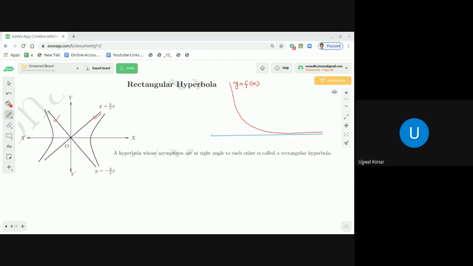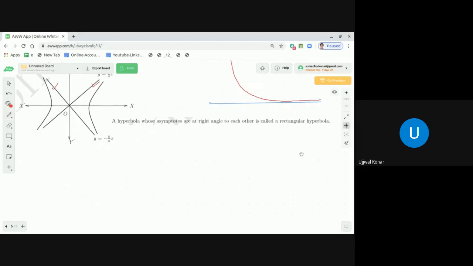From the discussion of asymptotes, dear students, we know the angle between the asymptotes of the hyperbola x square by a square minus y square by b square equal to 1 is equal to 2 tan inverse b by a. Dear students, you can find it from the diagram also. In the diagram, there are two straight lines, one is y is equal to b by a into x, and the other one is y is equal to minus b by a into x.